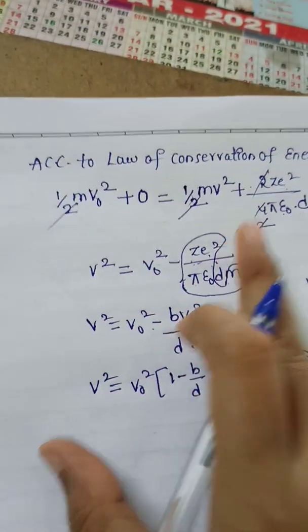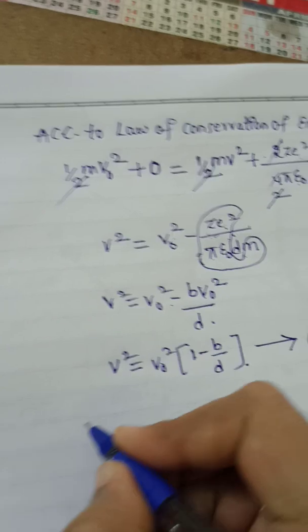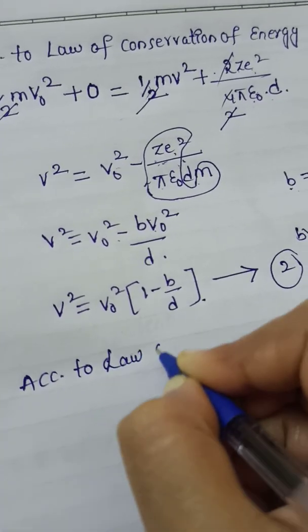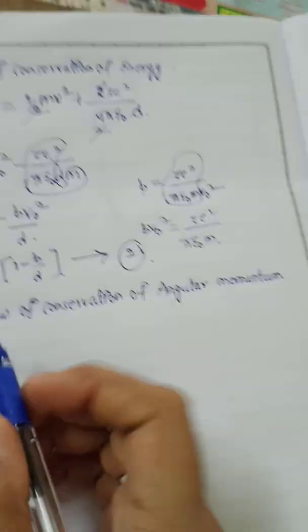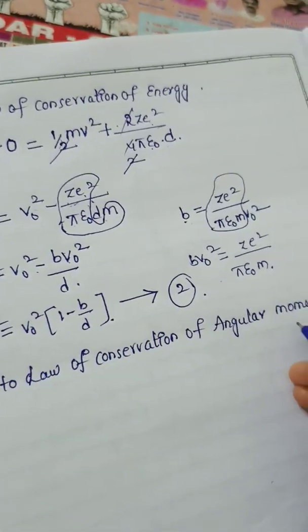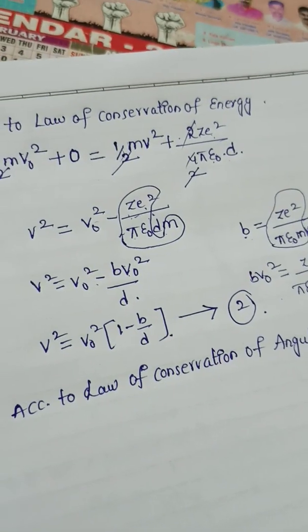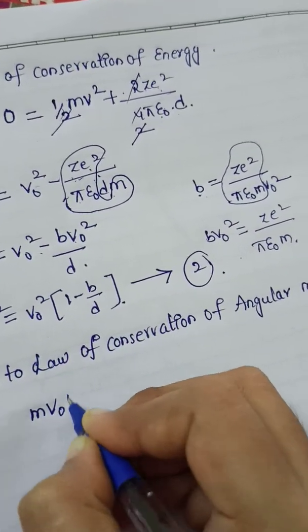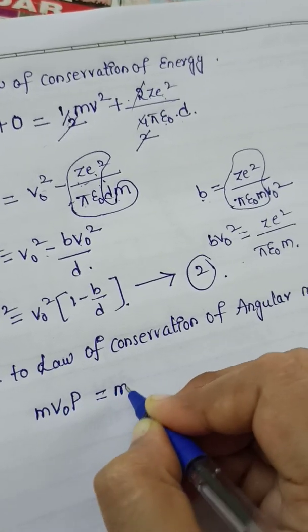This is according to the law of conservation of energy. Now according to the law of conservation of angular momentum. Angular momentum means momentum, mass into velocity. Here m v naught p is equal to m v d.